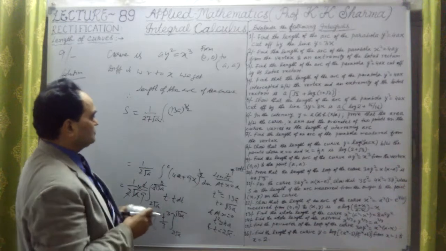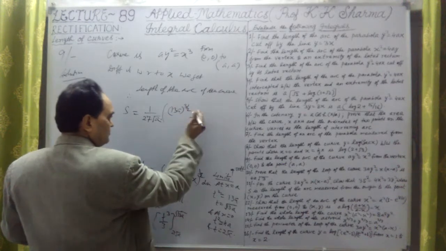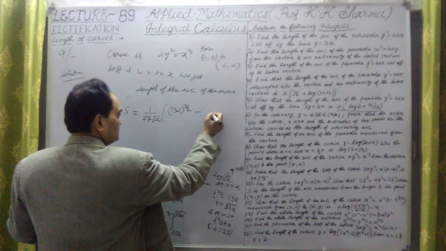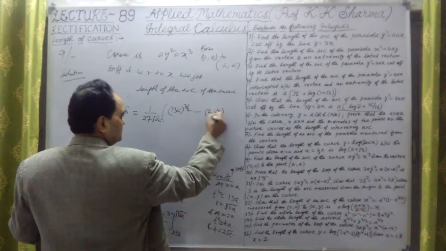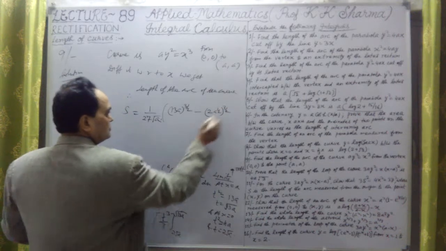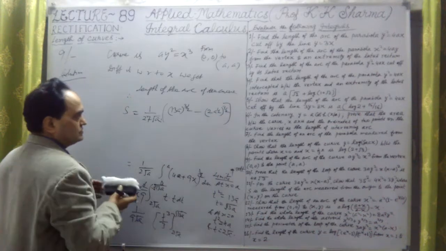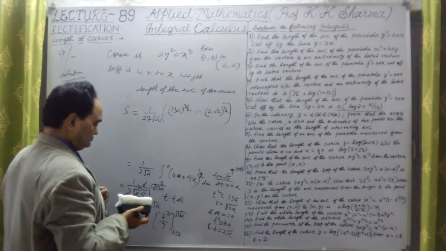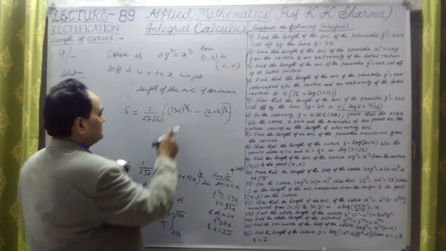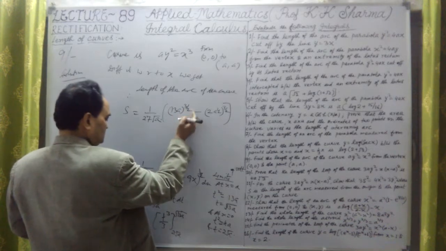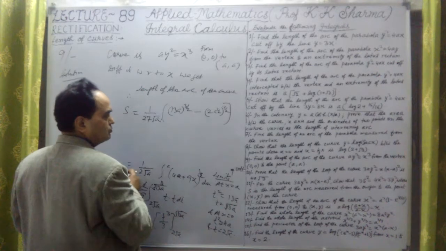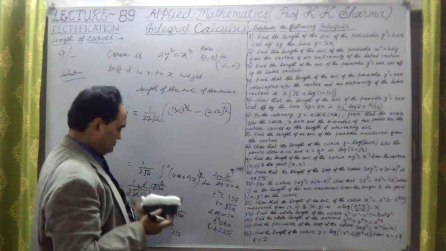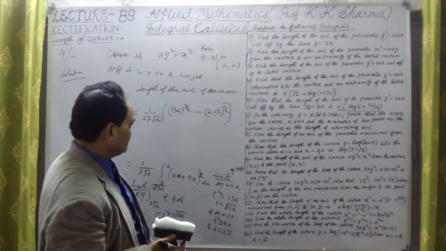Then put the limits. So this is 13a whole power 3 by 2 minus this is 2a raised power half whole power 3 by 2. Okay, this a is also half power. This is 3 by 2 power of both.